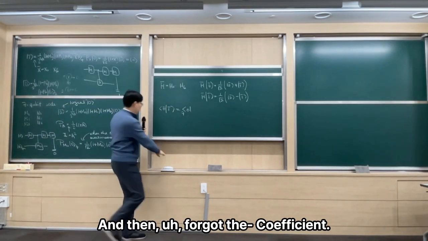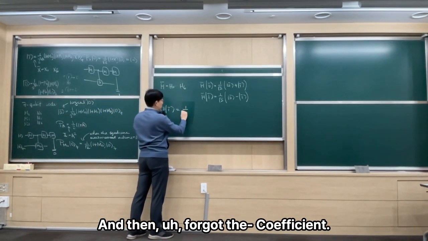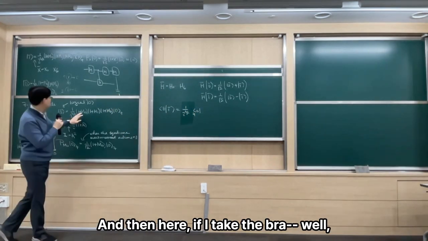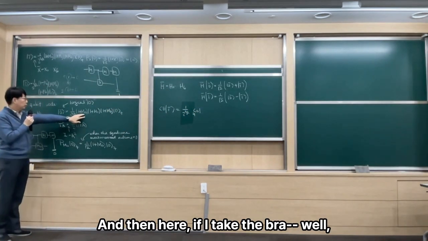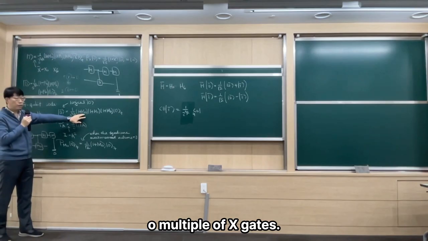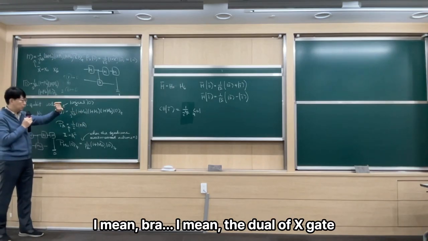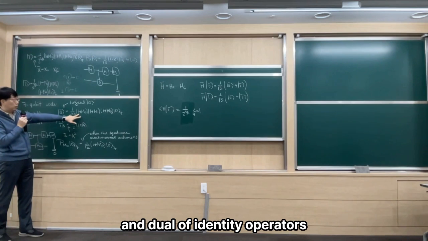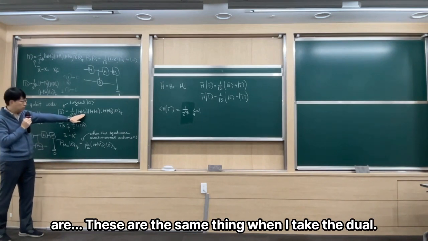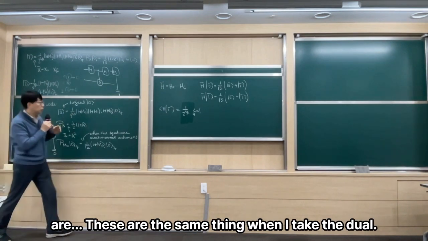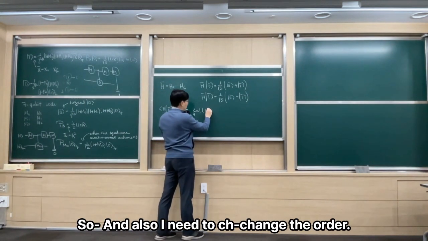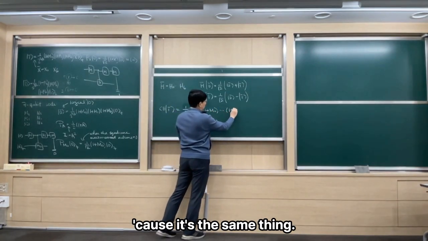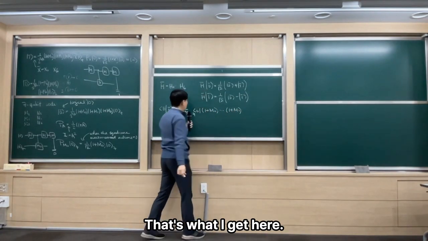And then we got the coefficient. And then here, if I take the bra, well, these are just multiples of X gates. The dual of an X gate is just X, of course, and the dual of the identity operator is just the identity operator. So these are the same thing when I take the dual. And also I don't need to change the order, but ideally I have to change it. But it's the same thing. That's what I get here.